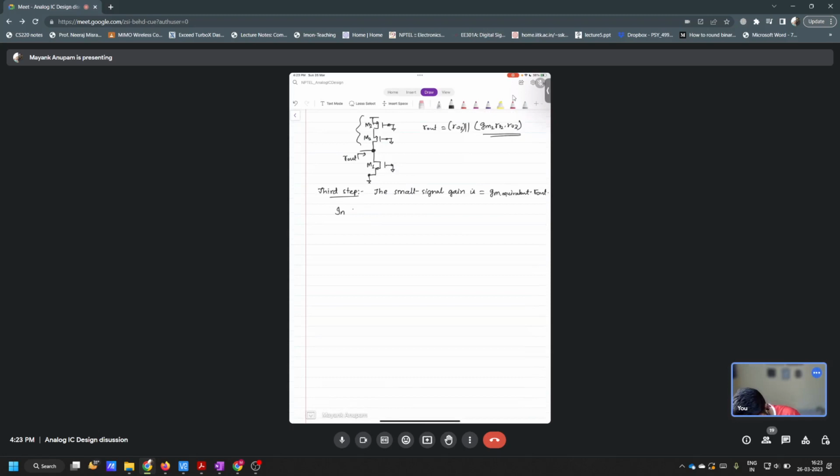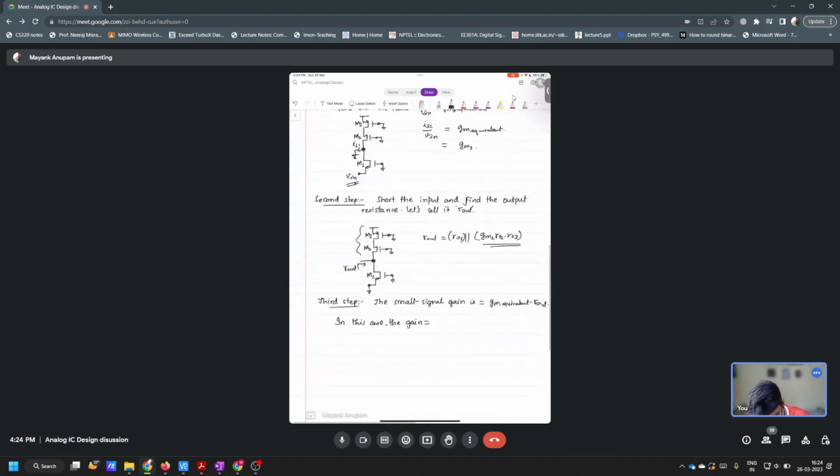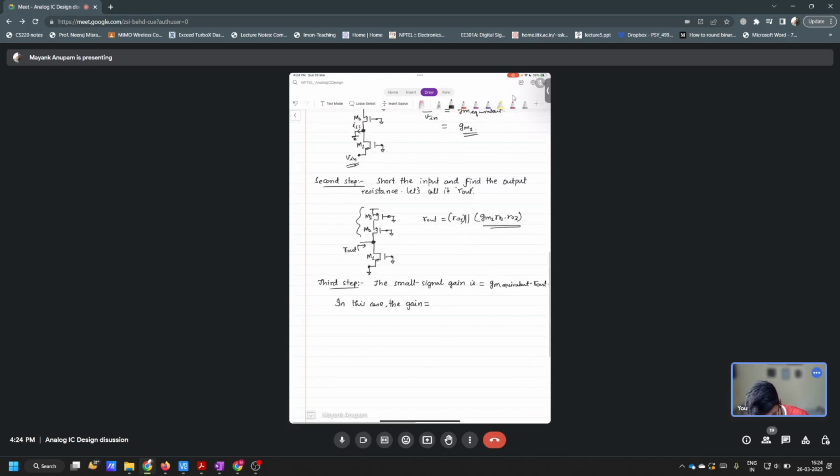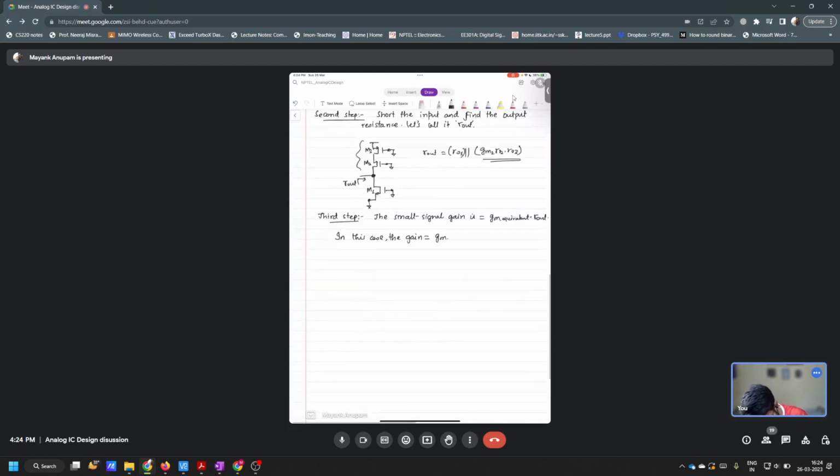So in this case, what is the gain? GM equivalent is GM1. So it is equal to GM1 times RO1 parallel GM2 times RO2 times RO3.